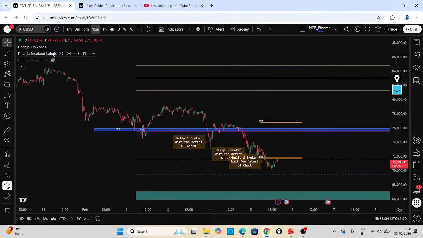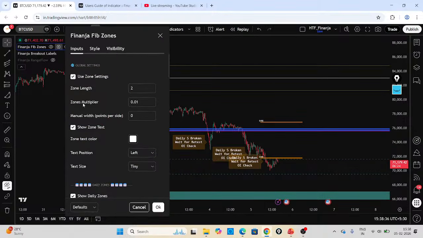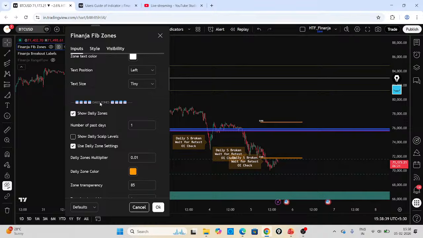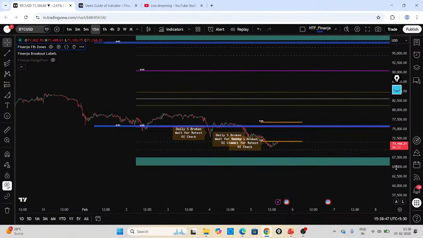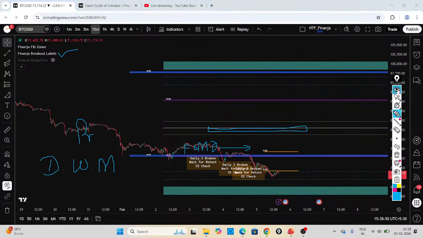If you come to the Finanja Fib Zones, you will get three multi time frames, which I mentioned: daily zones, weekly zones, and monthly zones. Just a quick understanding: whatever you are seeing, this blue color line is the monthly levels. This is the monthly support zone, and the monthly resistance zone.